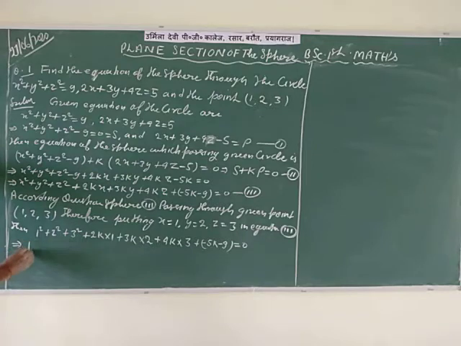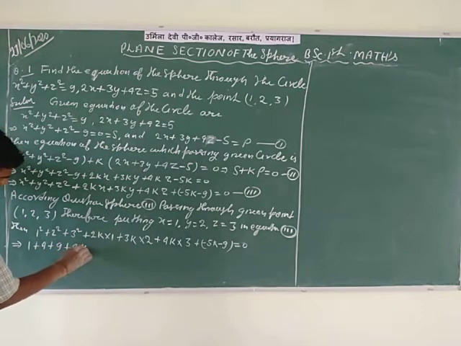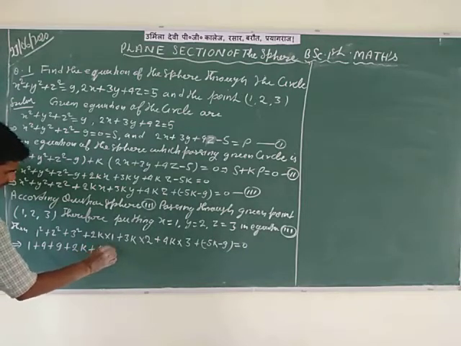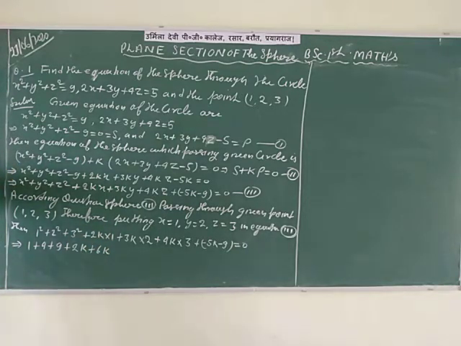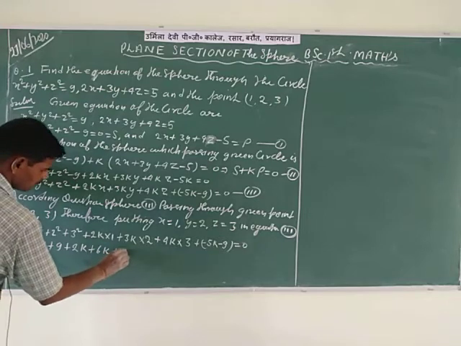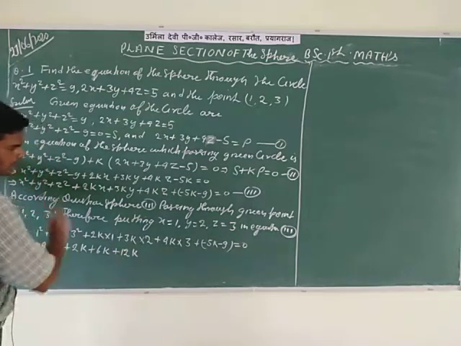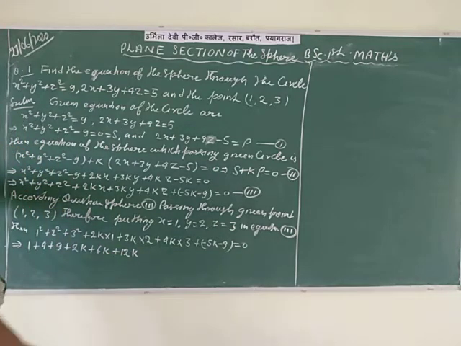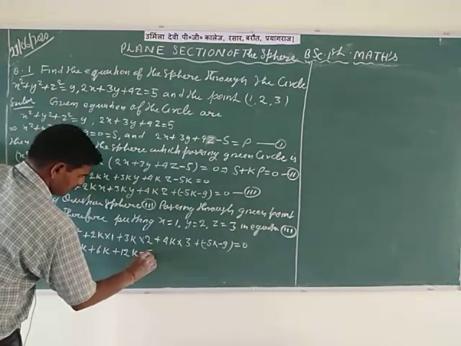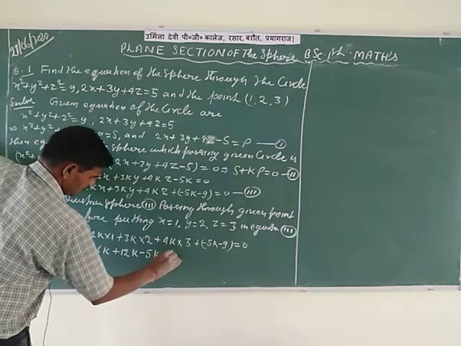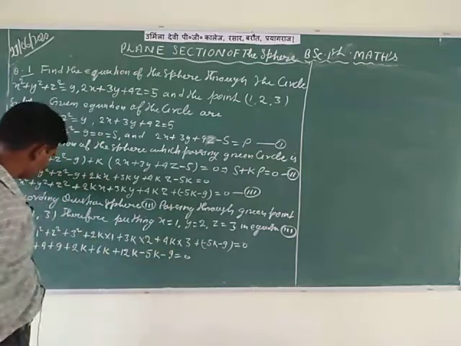So 1 plus 4 plus 9 plus 2k plus 6k plus 12k minus 5k minus 9 is equal to 0.